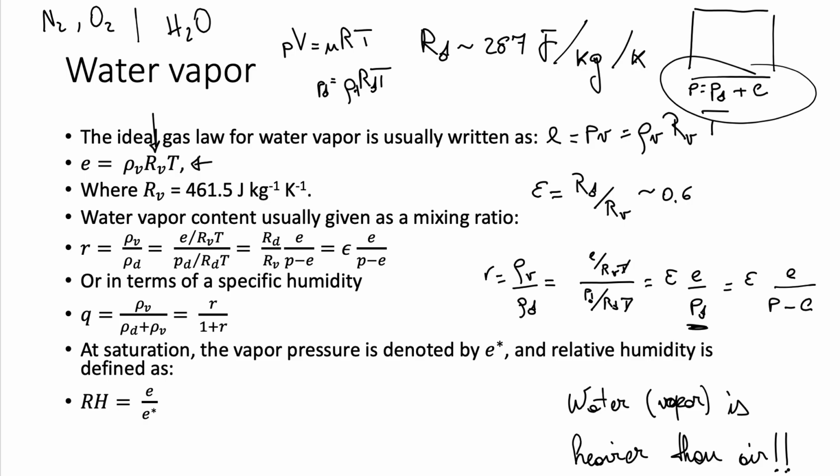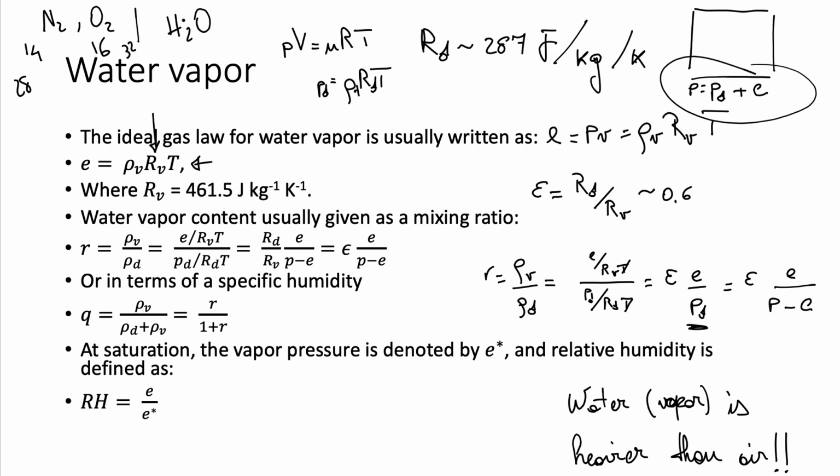But if you think about the molecular structure of these two gases, then it makes sense, because nitrogen has atomic weight of 14 and oxygen is 16, I think. So the molecular weight of N2 is 28, and O2 is 32.